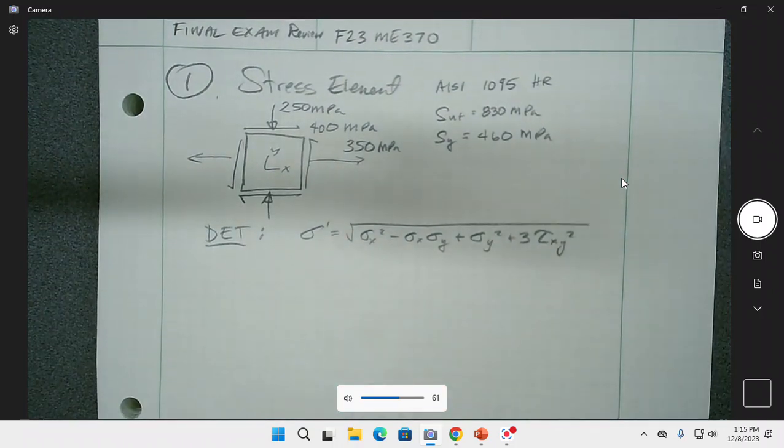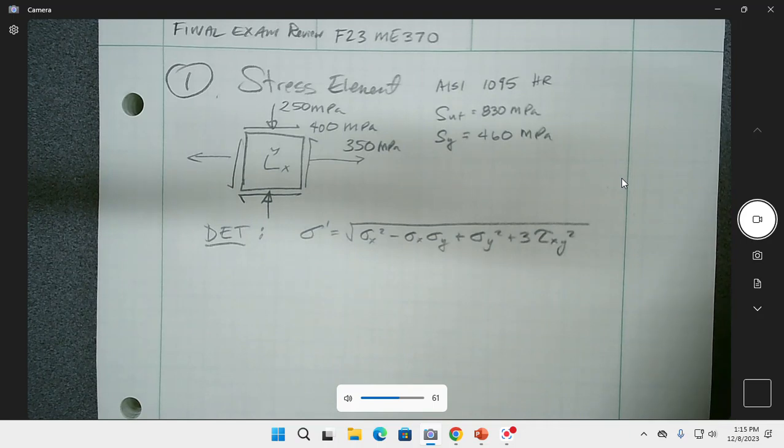I've written it enough times to have it memorized, but let's look and see where it is. It's kind of unfair to just jump to it, but hopefully you feel comfortable with it, that you could look at that and see we have biaxial stress, but it's just in one plane, and we can use the von Mises formula that has all those in there.